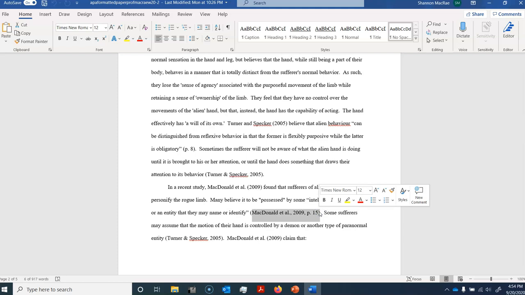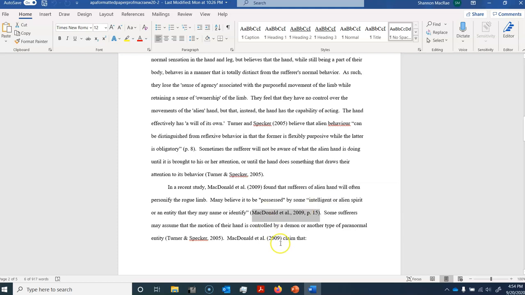It's very, very important that you do this every time you're using research information so that you can protect yourself against an accusation of academic dishonesty. So very, very key.